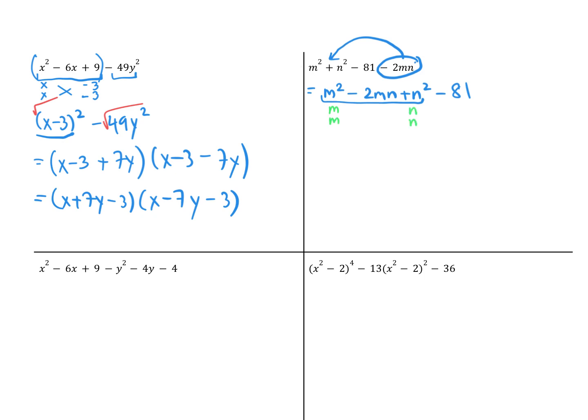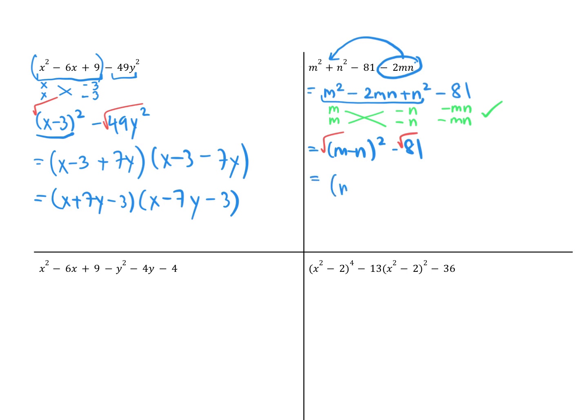N times n is n squared. But I see my check has to be negative, so just like last time, I'll just make both of these negative. That way, I'll have negative mn and negative mn, and those do add up to negative 2mn. So that's great. So m minus n all squared minus 81. And now we're back to the same thing. We have a difference of squares after that grouping.